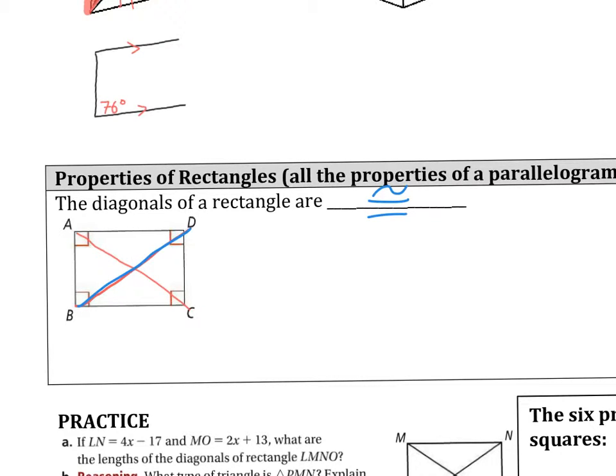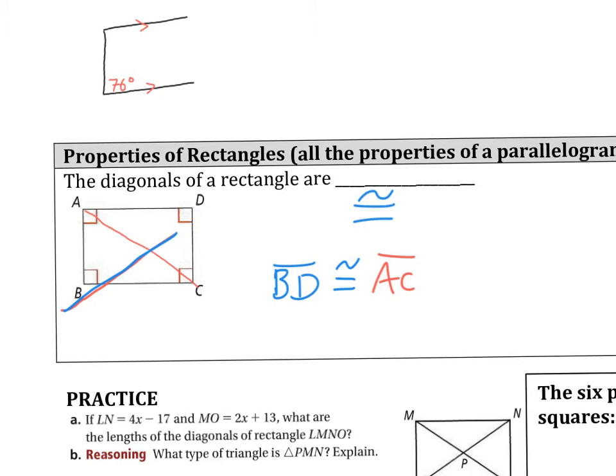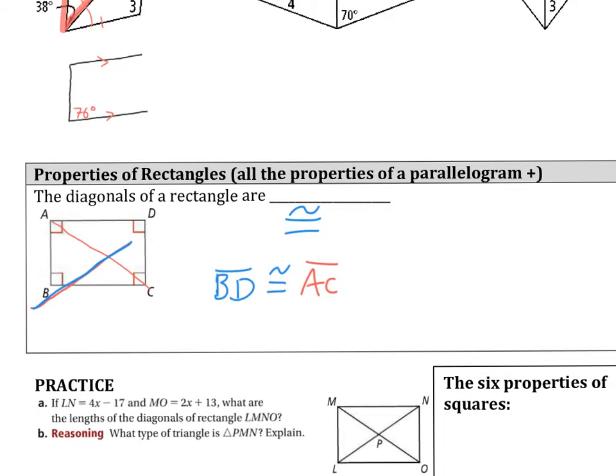And so it turns out that segment BD is congruent to segment AC. The diagonals are congruent. Now remember, properties of rectangles include all the properties of every parallelogram. So we know that opposite sides are parallel, we know opposite sides are congruent, all these things, and in addition, we know that the diagonals of the rectangle are congruent.